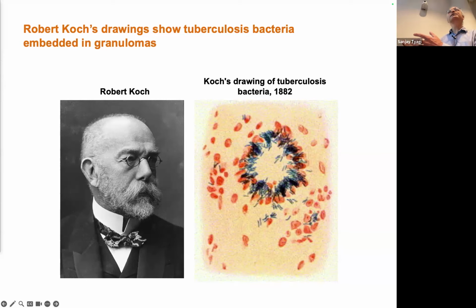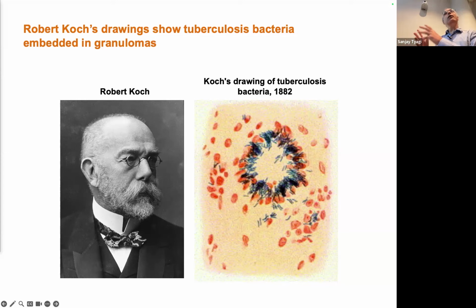He made these drawings, and these drawings are amazing. They're telling you the organization of the tissue where the bacteria is found. And many of his drawings had this granuloma-like structures where this brilliant blue TB was present inside the granuloma.